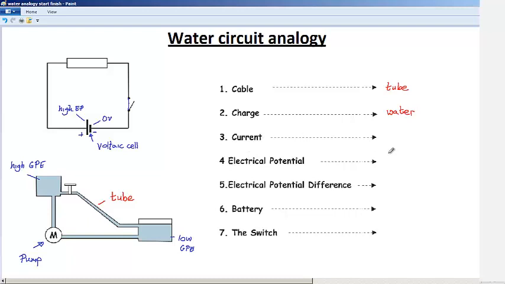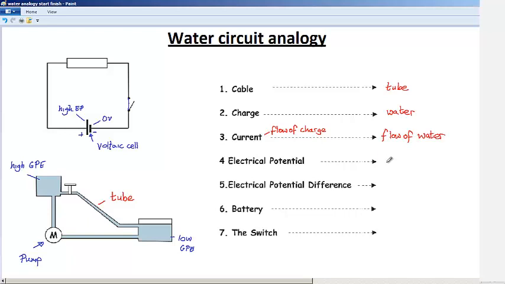Now, the current in an electrical circuit is really the flow, or the rate of flow of charge. It tells you how much charge flows in a given unit of time, that's to say per second. In the water circuit, the rate of flow of water around the circuit is equivalent to the electrical current.